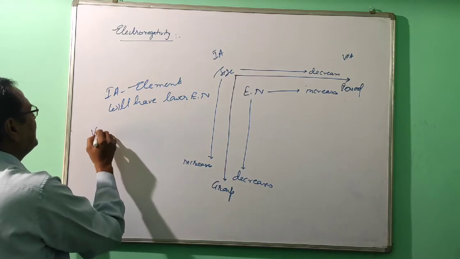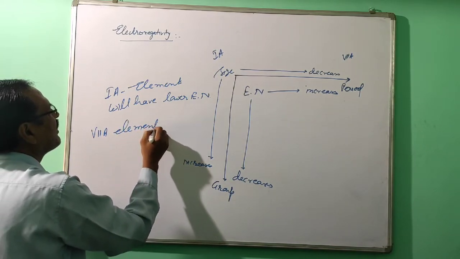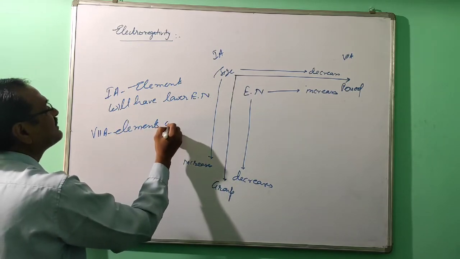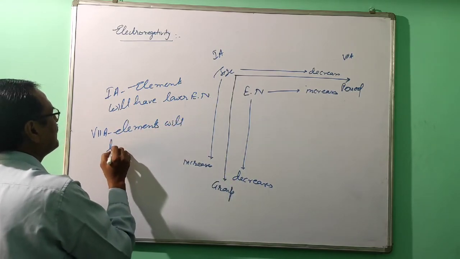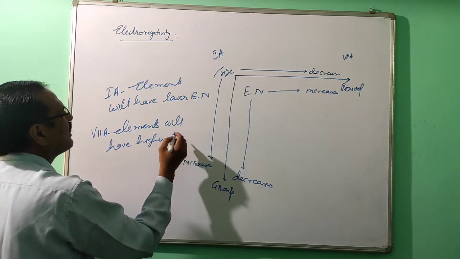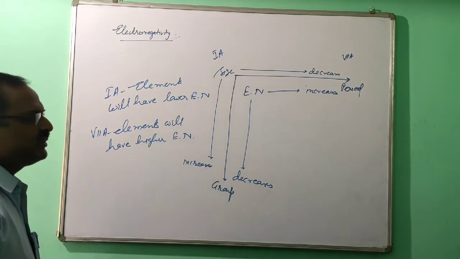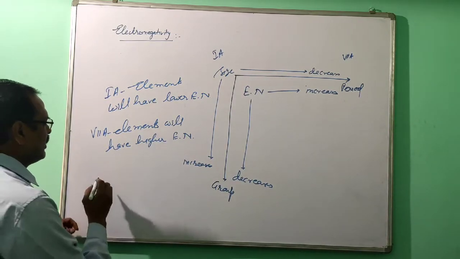Then 7A elements will have higher electronegativity.